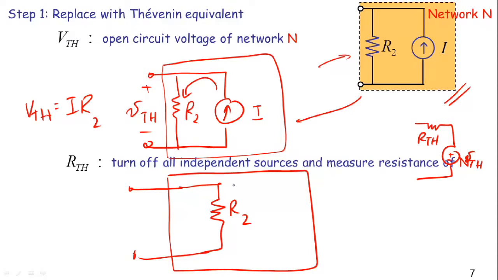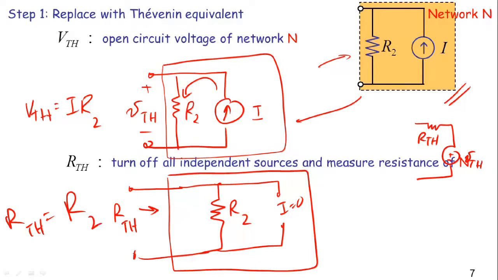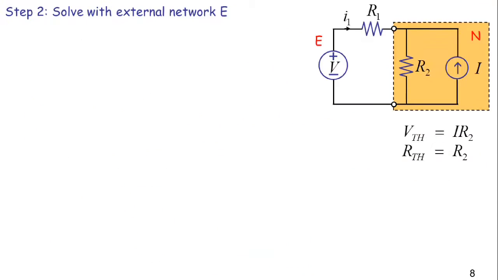As I draw it out, R2 stays the same. But here I'm going to turn off my current source and open circuit it. Now RTH will simply be the resistance looking in. That is easy enough to do. RTH is simply R2. So there you have it. I've computed VTH and RTH, and that lets me develop my Thevenin network, and I'm ready for step 2.